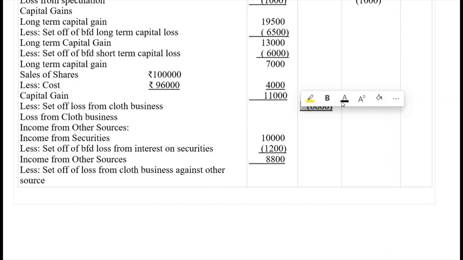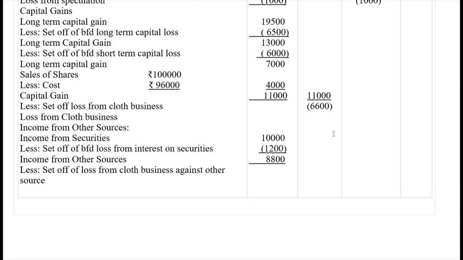So let me remove this underline here. So this remaining loss can be adjusted against this income from other sources, 8,800.